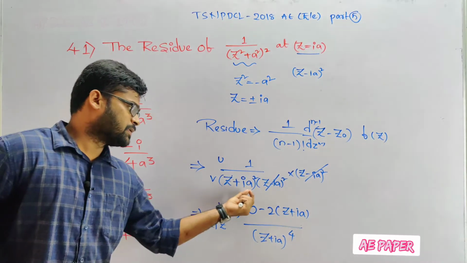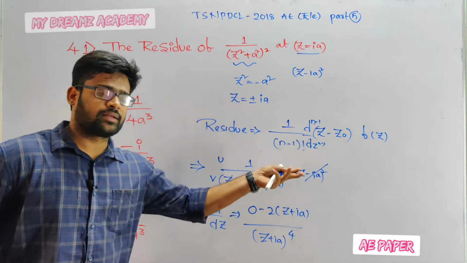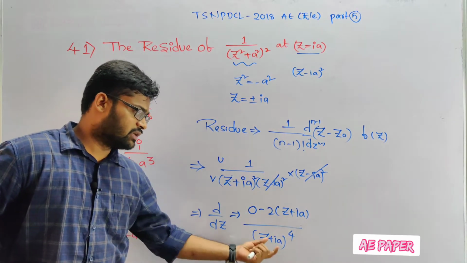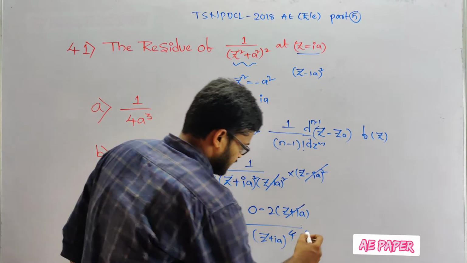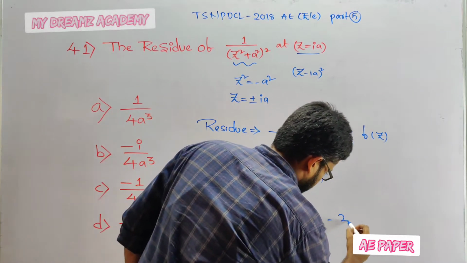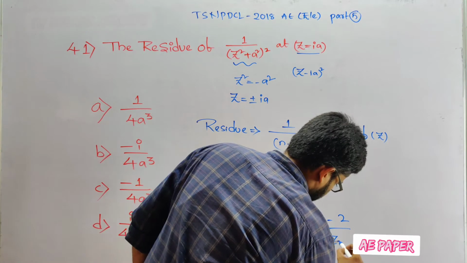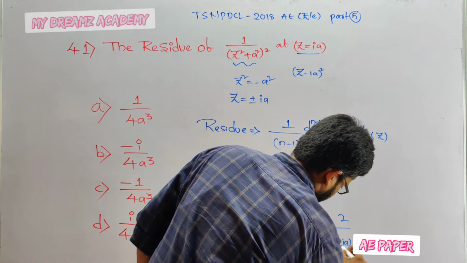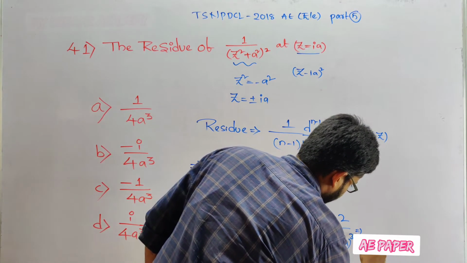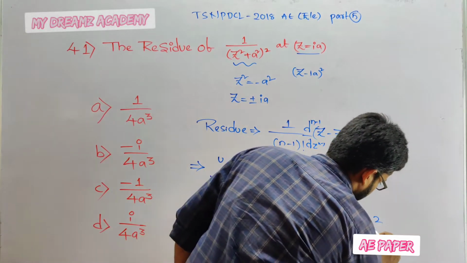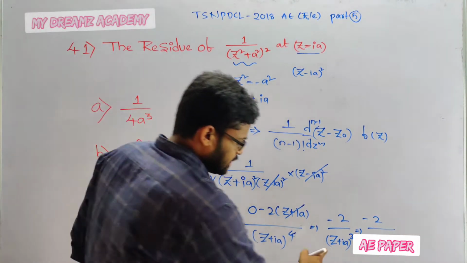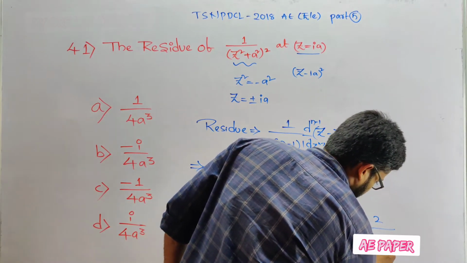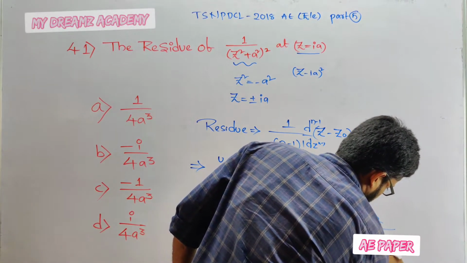Square power square will give 4. z plus ia will get cancelled, this will give minus 2 over (z plus ia) power 3. Now minus 2 divided by, in place of z we need to substitute ia, so ia plus ia, that is 2ia power 3.